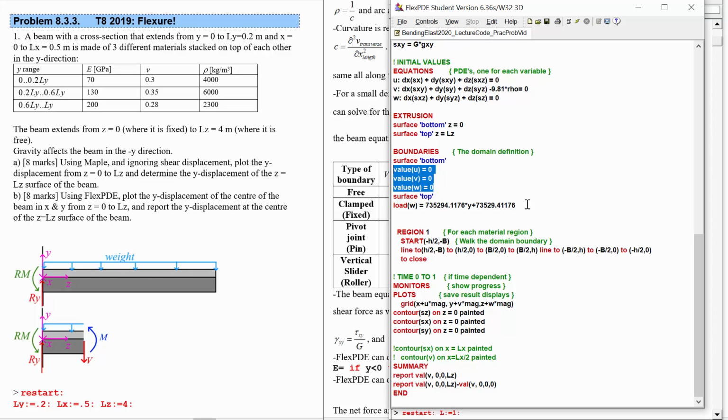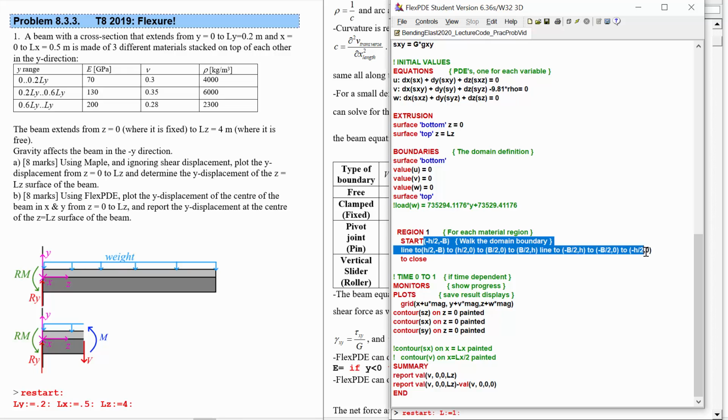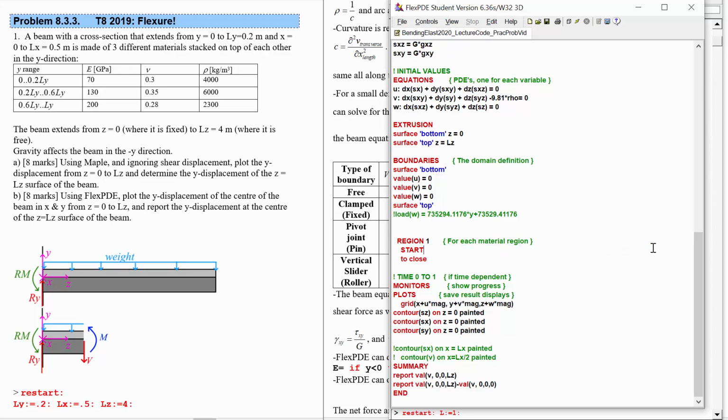And the top surface, we're going to have no load this time because we don't have a moment applied to it. So we'll get rid of that thing we were doing before. And now for the structure, let's go with start at 0, 0, line 2, LX 0 to LX LY to 0 LY to close.